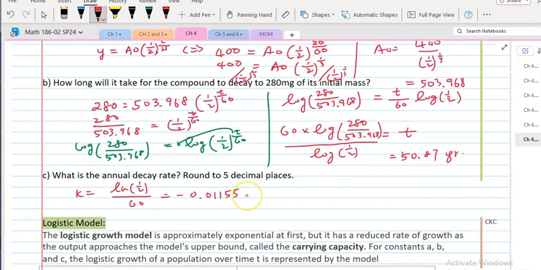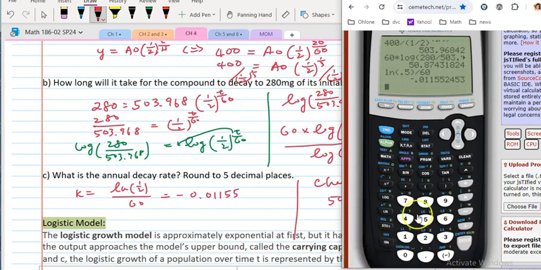Yeah. So you can check answer for that it is right to have 50 years. I just want to check that this makes sense. So if I start with 503.968 and I do e to the power negative 0.01155 times 50.87 years, would I get 280? Right?